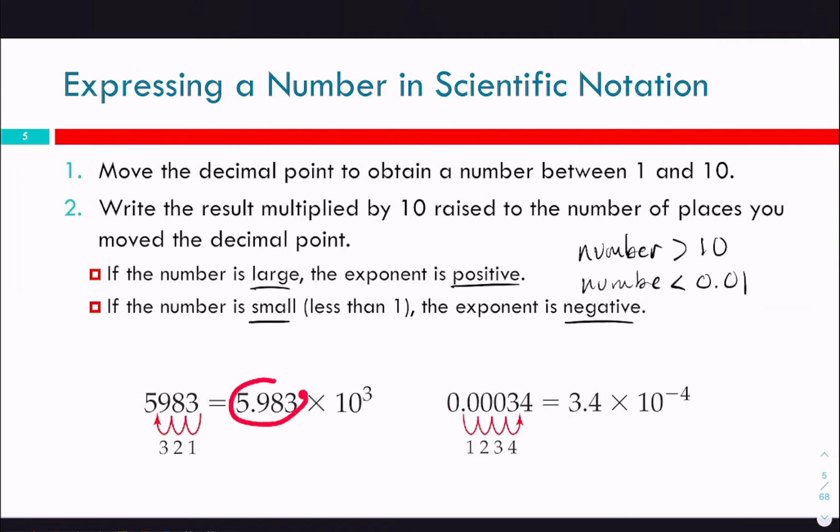When we rewrite this, we write 5.983, and then the times 10 to the third is what's holding on to the fact that this is not just 5.983, but it's 5,983.